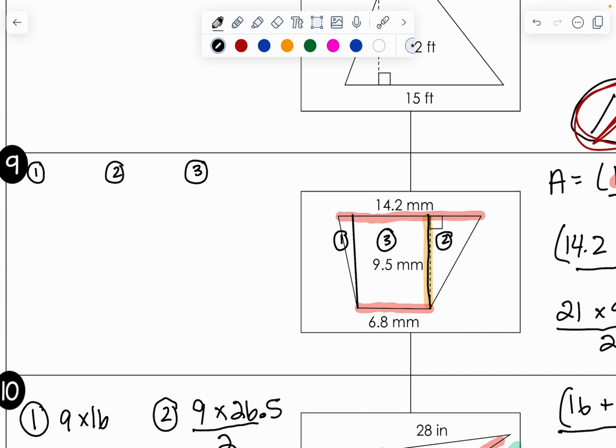Okay, I'm going to work with my rectangle first. I know opposite sides are congruent. Okay, that height that goes through my rectangle, that dotted line that's 9 5/10, that's going to be my height of both triangles, and it's going to be the height of my rectangle. So I have that 9 5/10 because opposite sides are congruent.